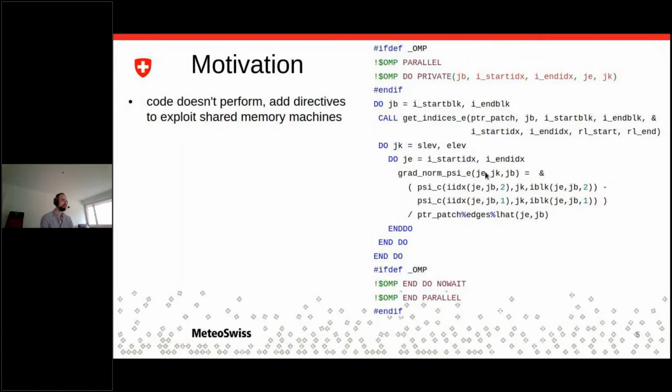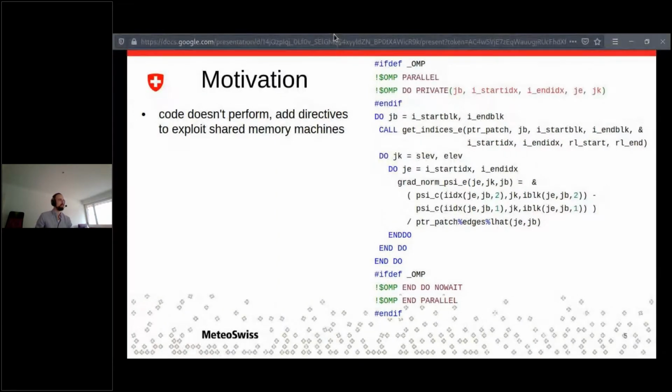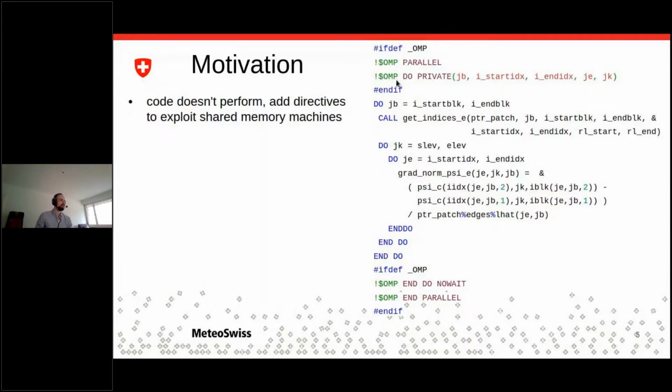It's mostly redundant. To efficiently use this shared memory, we can add OpenMP directives, and then we wouldn't run an MPI rank for each of the 16 cores, but one for one single node. And then on every single node, we can spawn multiple OpenMP threads to make use of all these 16 cores.